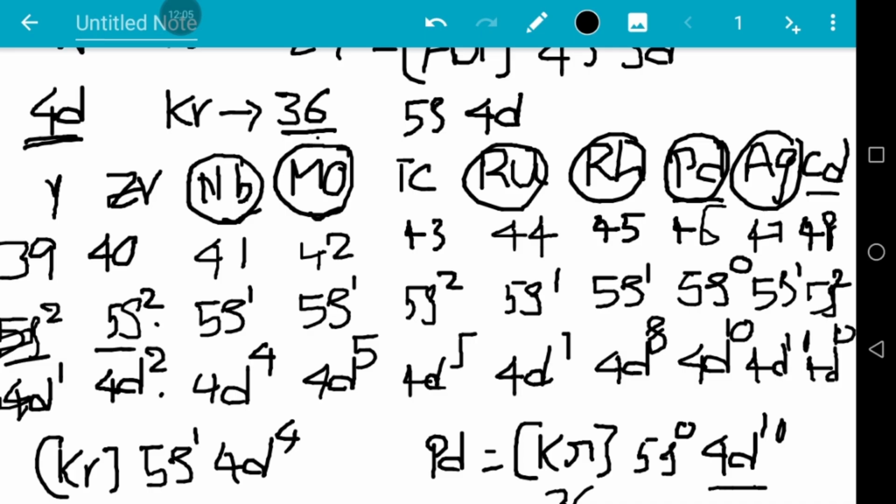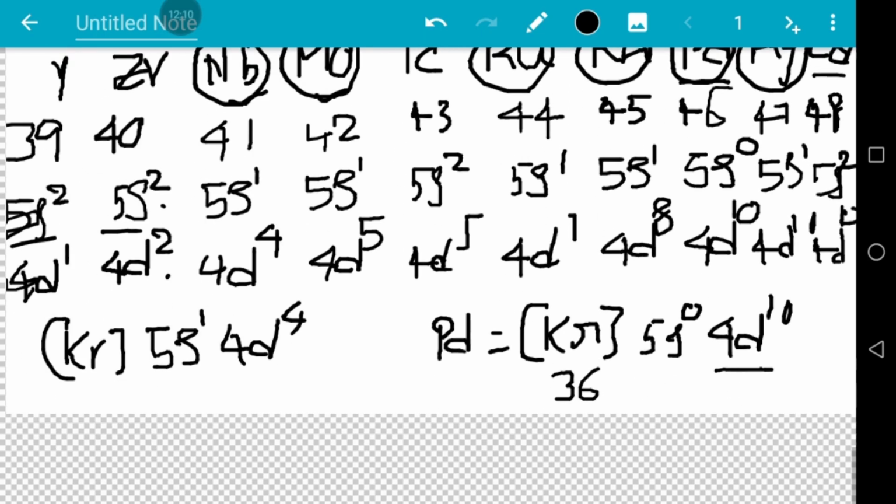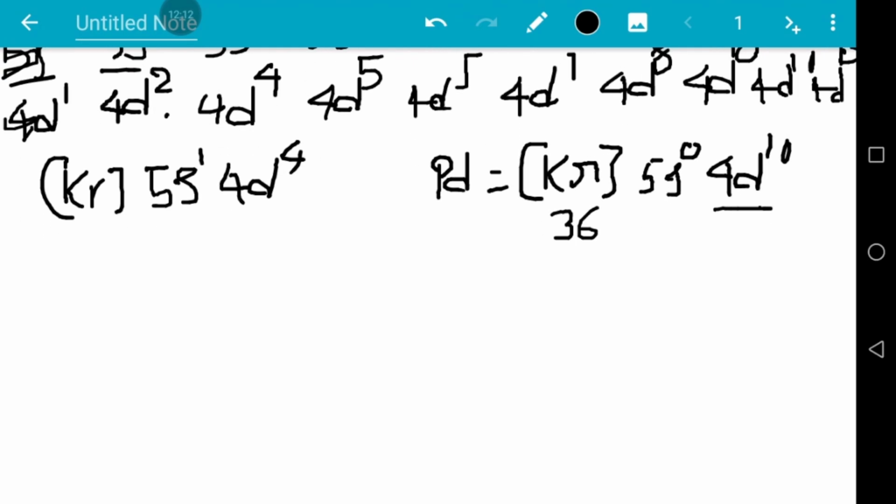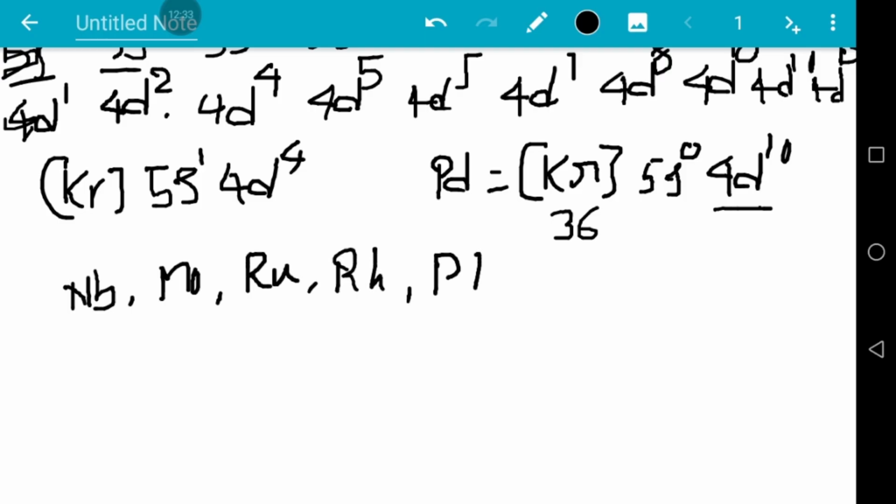So here what you have to remember? The irregular electronic configurations are niobium, molybdenum, ruthenium, rhodium, palladium and silver. These are the exceptional configurations in the 4d series.